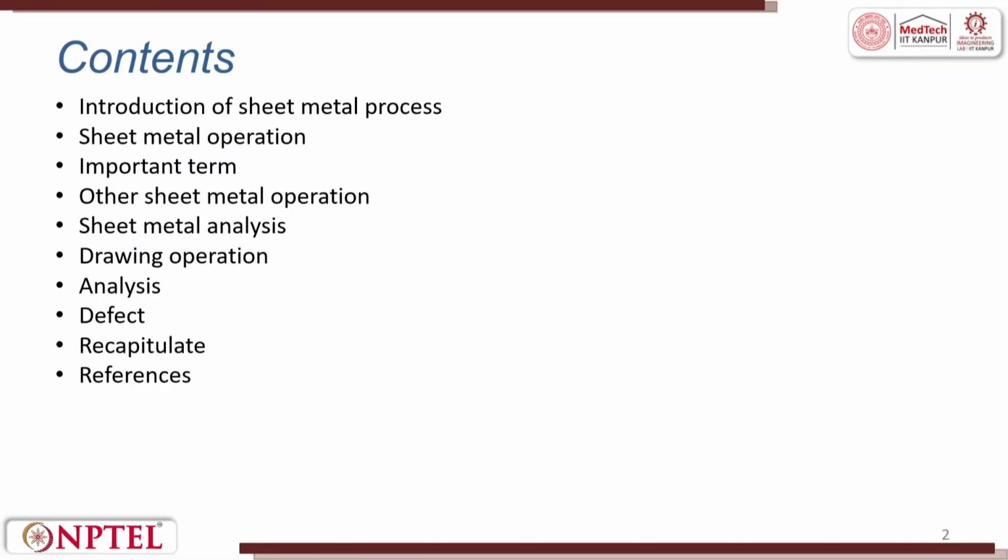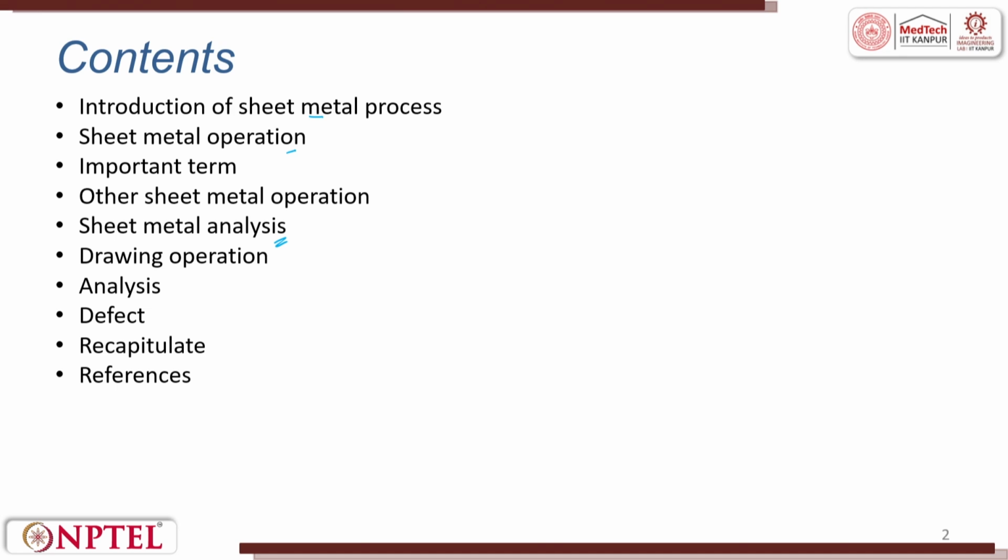In this lecture, we will first see sheet metal process introduction. Then sheet metal operations, some of the important terminologies, other sheet metal operations, and a small analysis from the material property towards the operation.